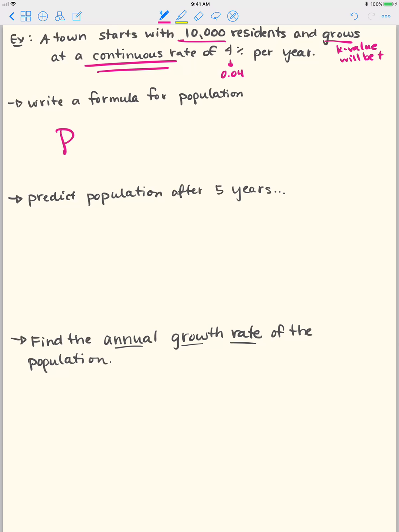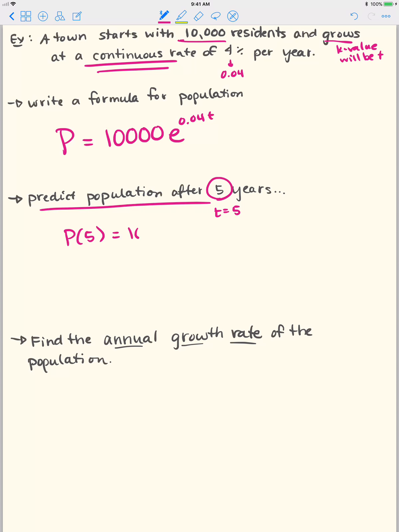And our formula would be 10,000 e to the 0.04t. If we would like to predict the population after 5 years, we'll just plug in a t value of 5. So our population in 5 years would be 10,000 e to the 0.04 times 5.